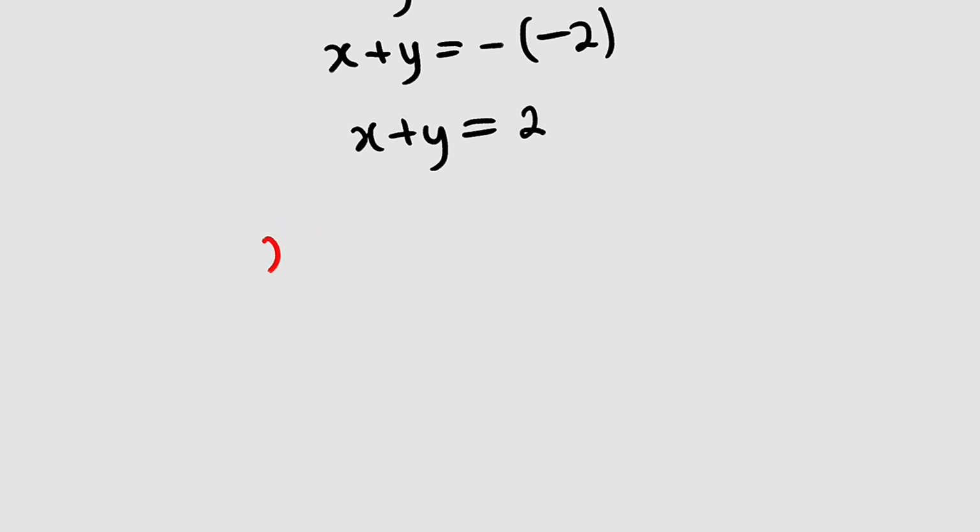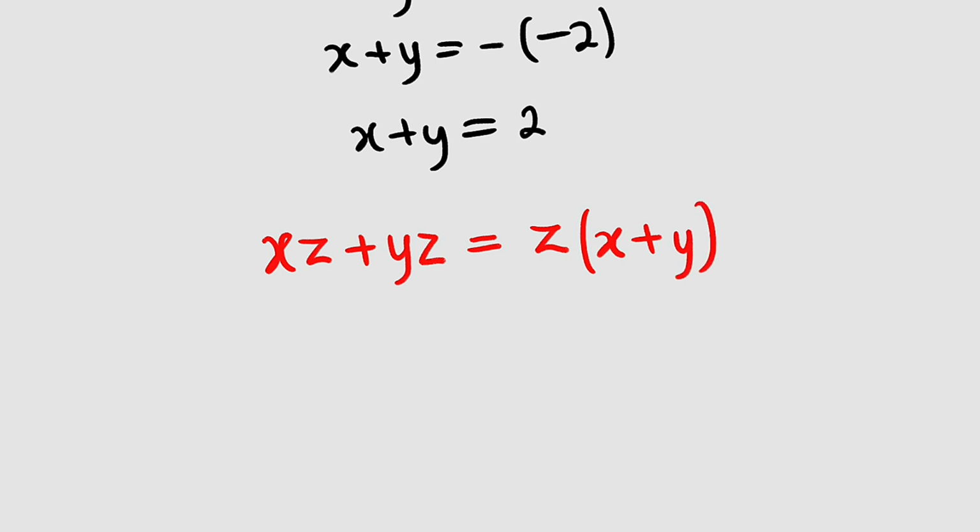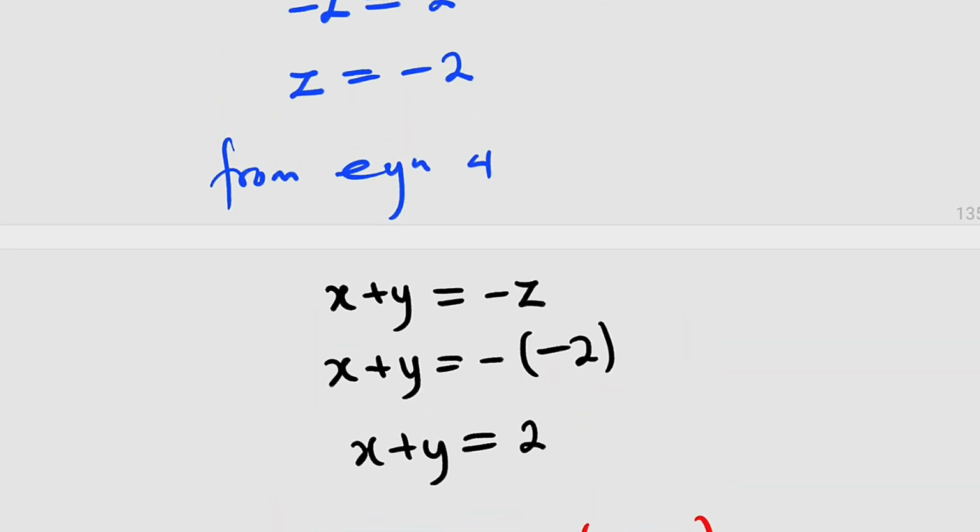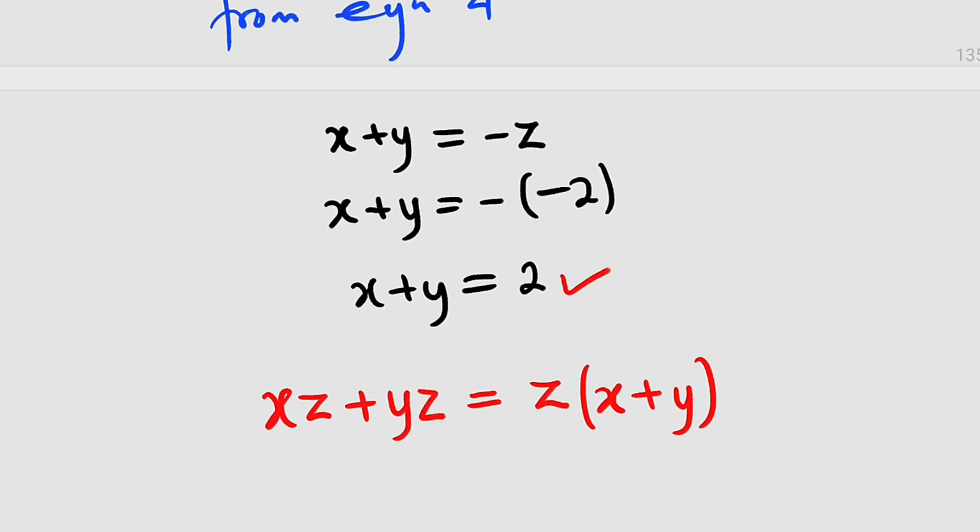So to find xz plus yz, since both terms have z in common, we can bring z out. We have z multiplied by x plus y. But remember that z is negative 2, and x plus y is positive 2.